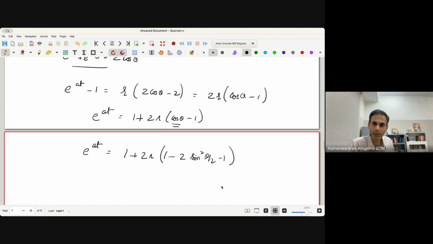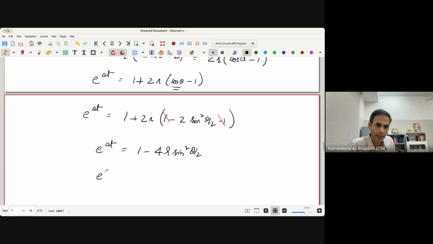The 1 gets cancelled with the minus 1, and we have e to the power at equals 1 minus 4r sine square theta by 2. Substituting for theta, that is 4r sine square k delta x by 2.